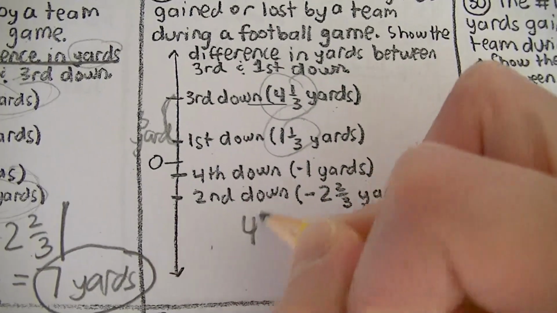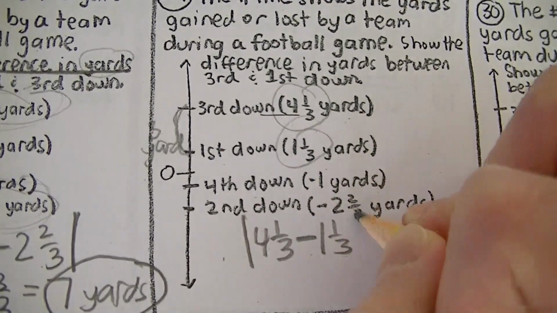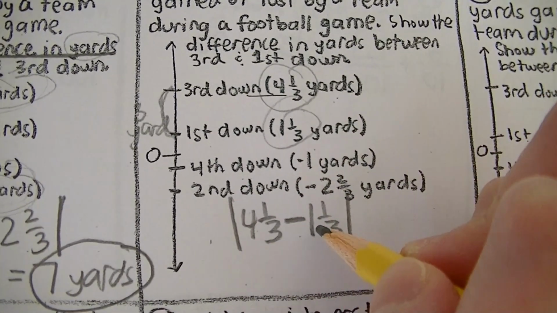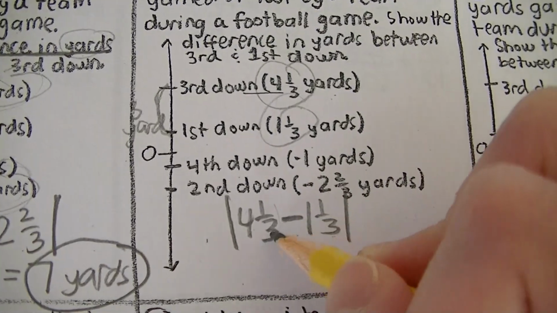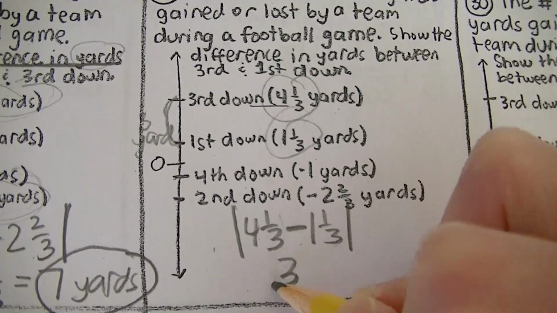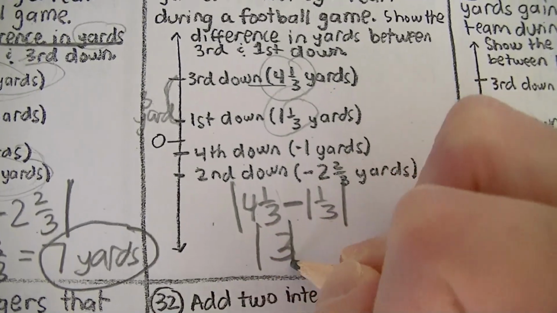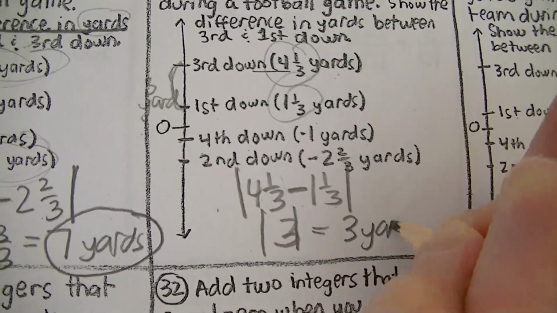Write down both numbers. Subtract them, absolute value it. 4 1/3 minus 1 1/3, common denominators already, so 1/3 minus 1/3 is 0. 4 minus 1 is 3. So that's 3 yards. Absolute value of it, and it's still 3 yards.